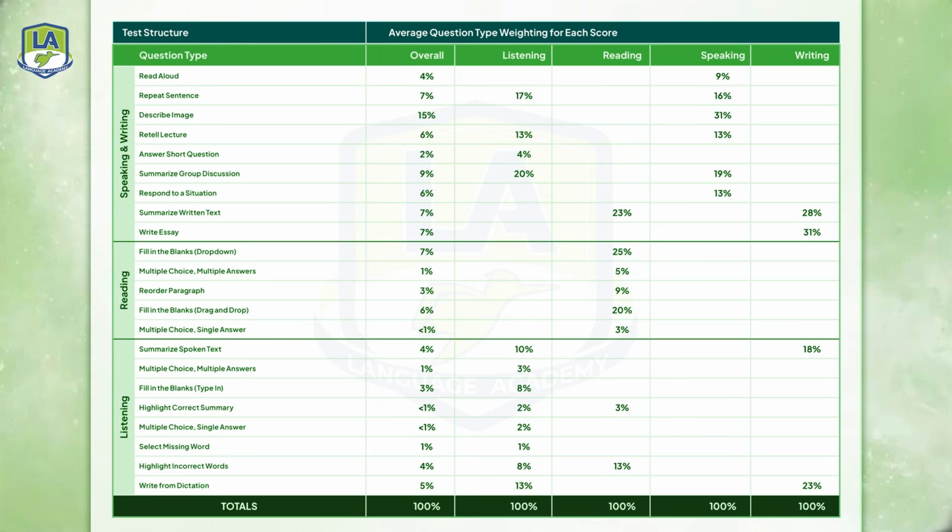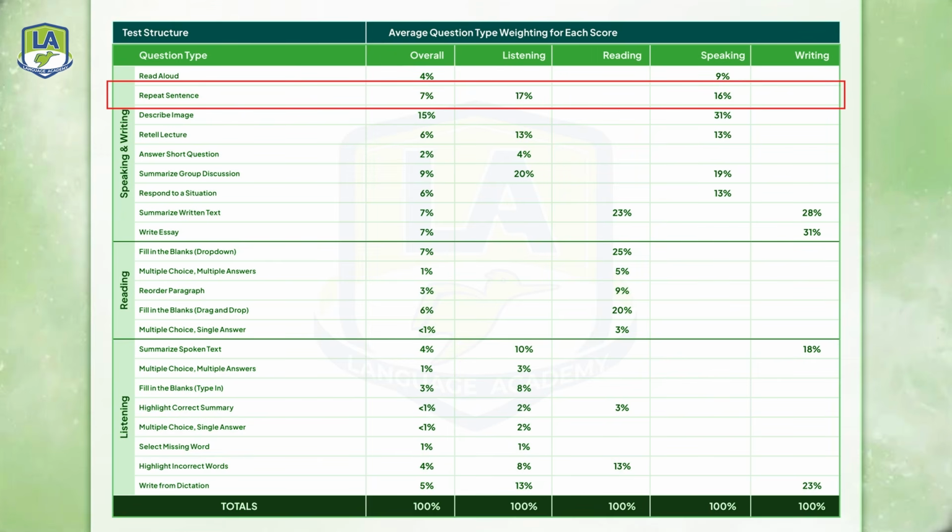So this table here, if you can see on your screen, shows how much each question type contributes to different sections and the overall score as well. For example, read aloud will be 9% of the speaking score, but just 4% of the overall score. Repeat sentence will be 7% of the overall score, but for the listening module it will be 17% and for the speaking module it will be 16%.